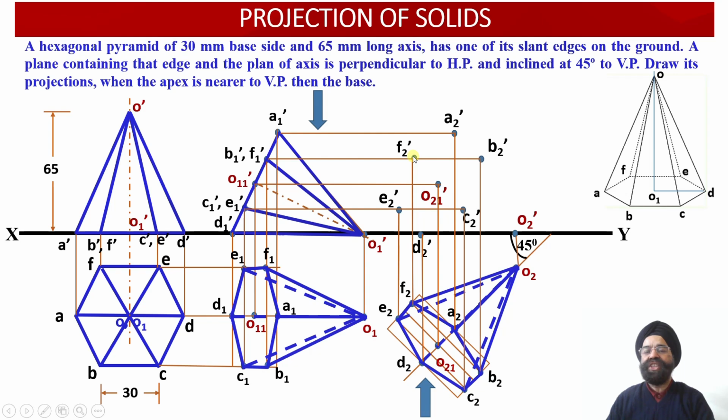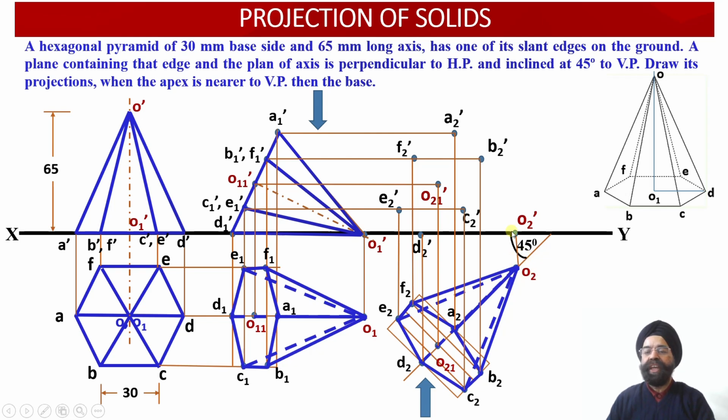Which one of these edges should be drawn dark or with the object line, and which of these edges need to be joined with hidden lines or the dotted lines? Let us evaluate that. As the observer is going to look at this solid from this direction, the farthest point away from the observer happens to be O2.